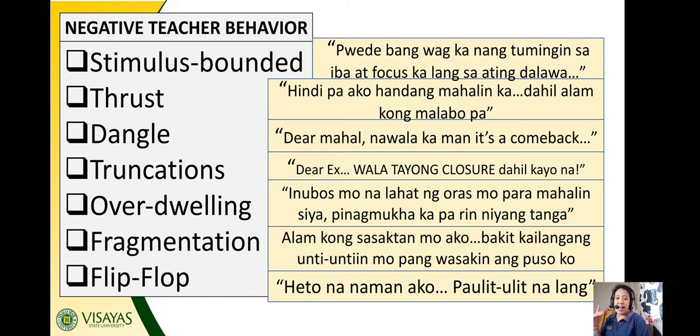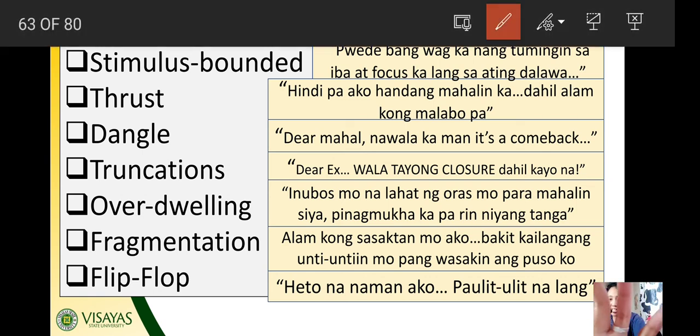Naghahang pa yung activity na yon. And truncation, dear ex, wala tayong closure dahil kayo na. Ibig sabihin, iniwan mo tong activity mo, proceed ka na to the next. Dangling and truncation, medyo nakakalito siya. Always remember that when you say dangling, hanging yung activity na yun. Ito yung nakakalito, mali yung quote. I'm sorry for this one.